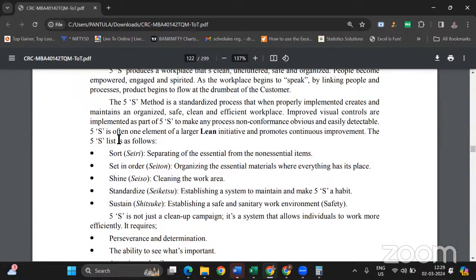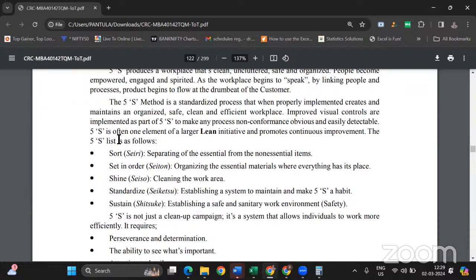We start with words like first, sort. We need to sort, which is separating the essential from the non-essential, filtering. Set in order: organization of essential material where everything has its place.